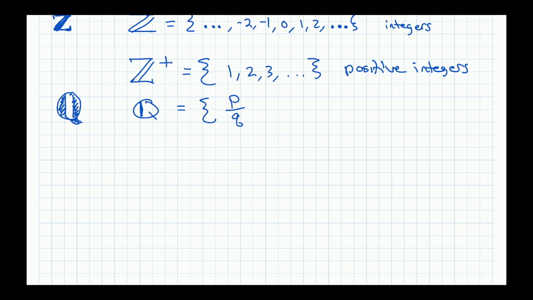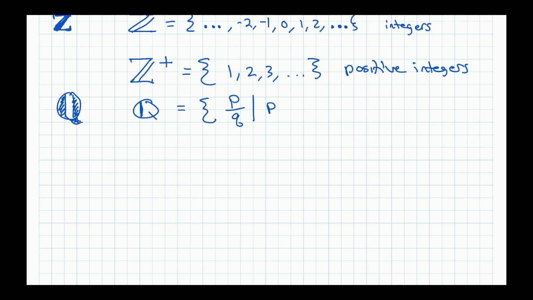Those are fractions. And then what are the rules for P over Q? To be a real fraction here, not proper in terms of proper and improper, the P and the Q should both be integers.